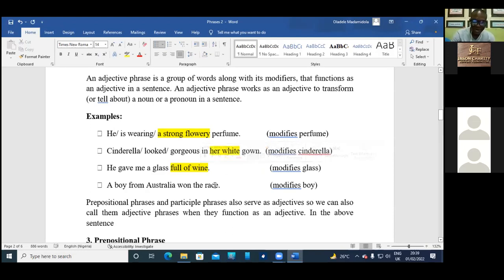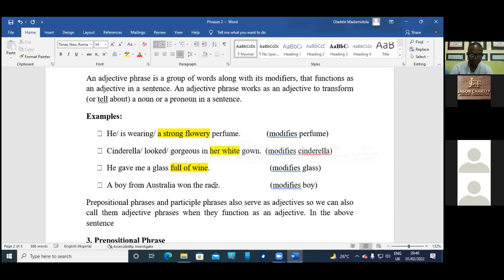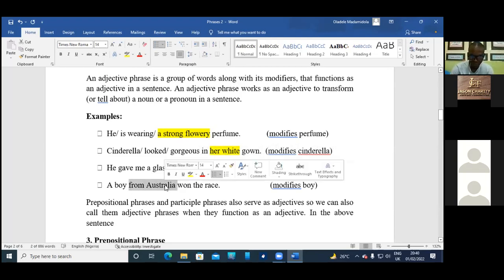So let's look at the final example. A boy from Australia won the race. Okay, this is a bit complicated, but your adjective phrase here is from Australia. The boy there is the noun.